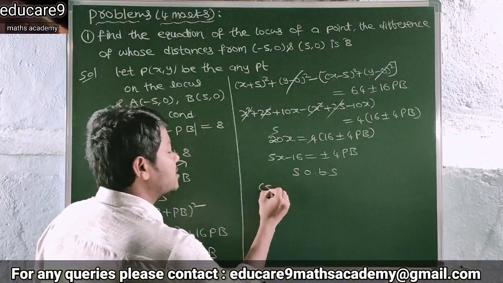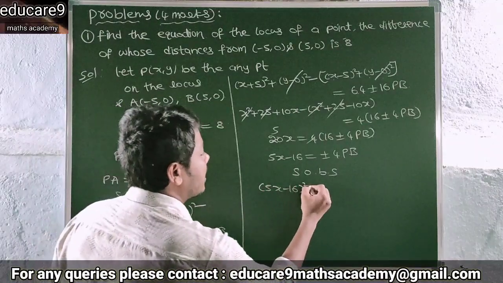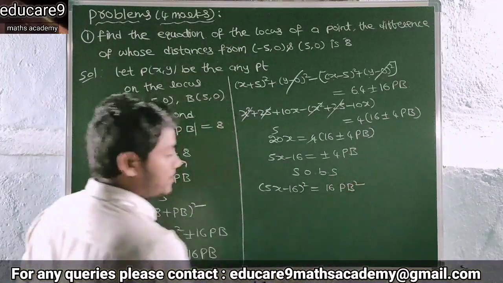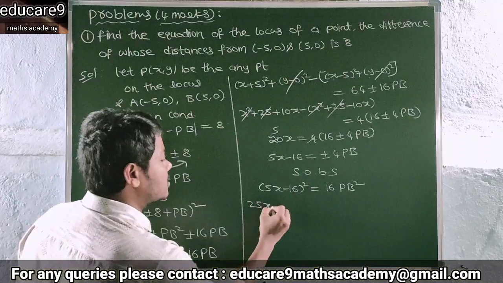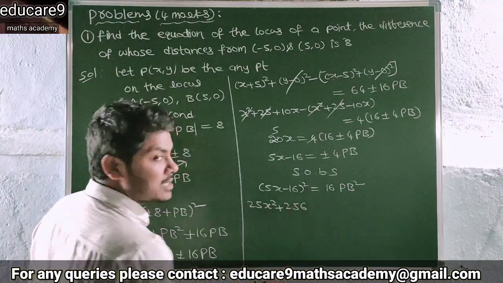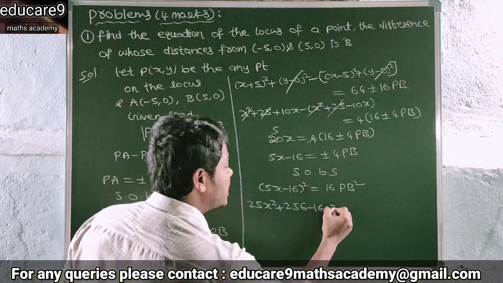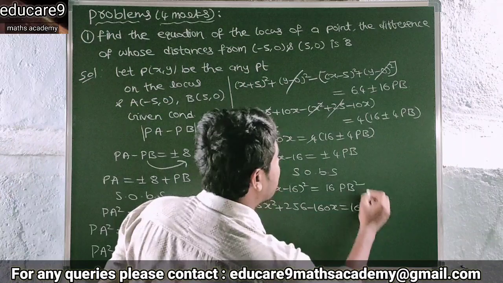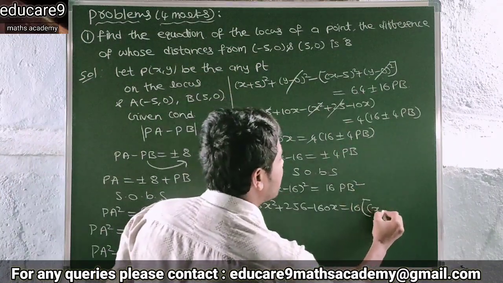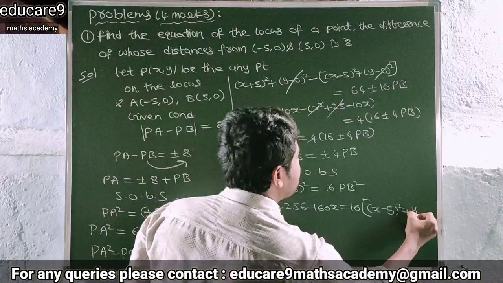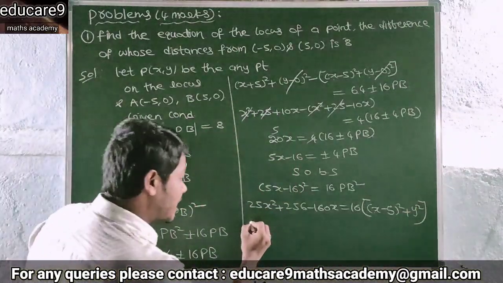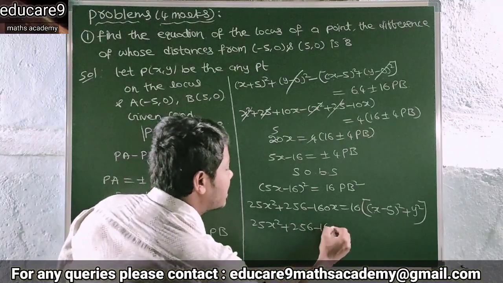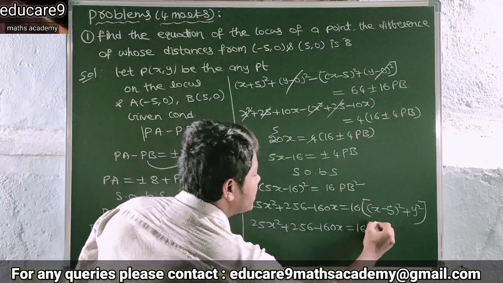Now again squaring on both sides. (5x - 16)² equals 16PB². Now this is 25x² + 256 - 160x = 16 into PB². What is PB²? (x - 5)² + y².